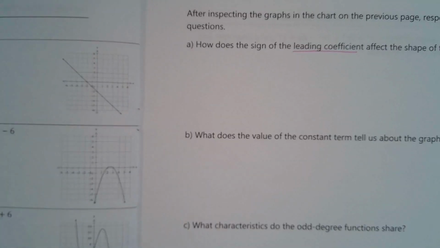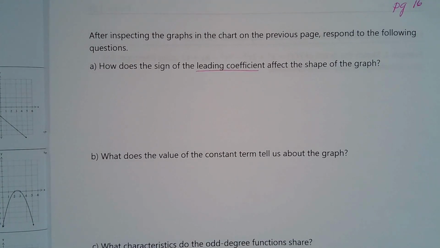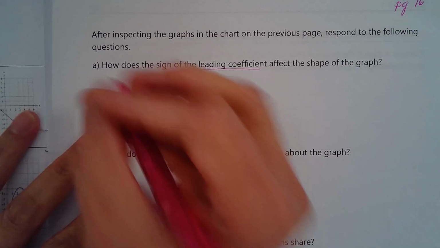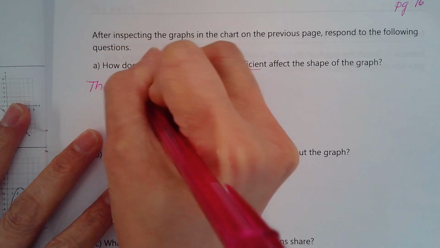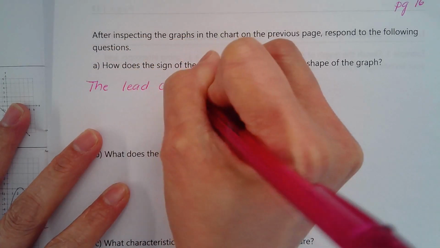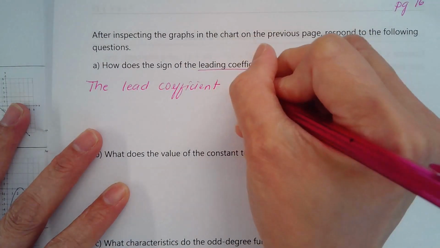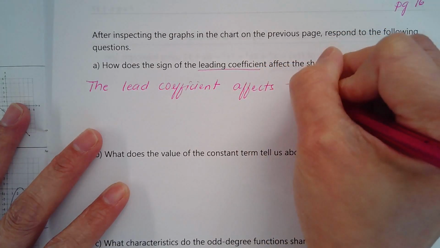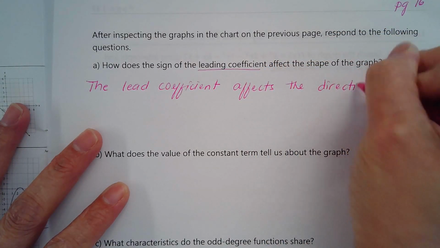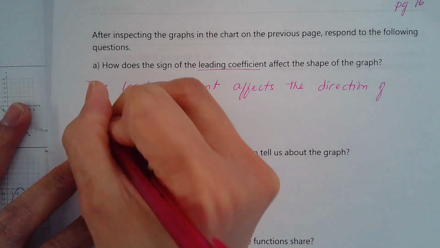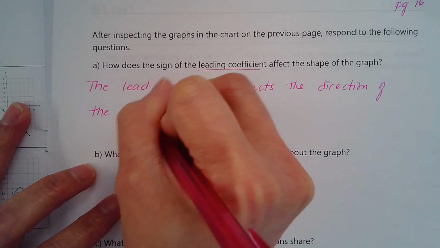So how does the leading coefficient affect the shape of the graph? The leading coefficient changes the direction of the graph.